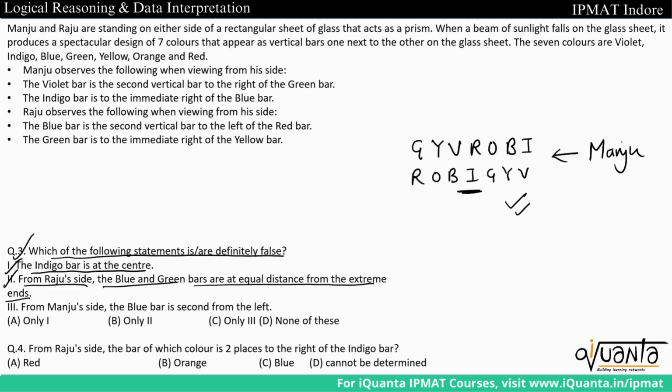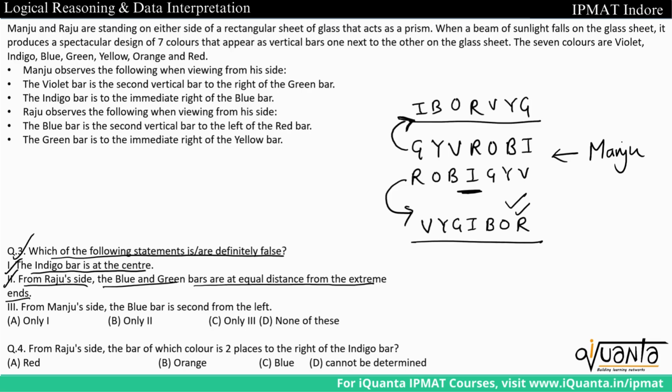So if I make this observation as the observation of Raju, Raju will be observing indigo here, then blue, then orange, then red, then violet, then yellow, then green. And if I turn this one into observation of Raju, it will be VYGIBOR. So these two observations are from Raju's side.